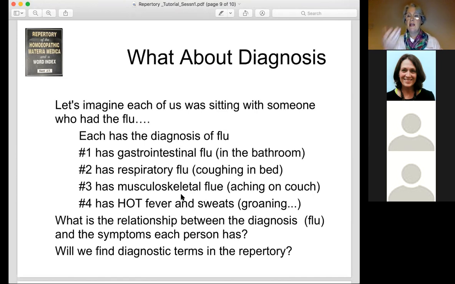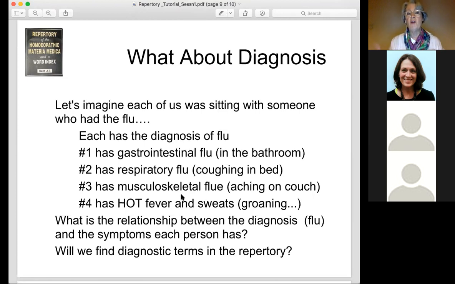And let's say that I'm sitting in the bathroom with somebody who has a gastrointestinal flu, and they're in that awkward position of not knowing whether to sit down or lean over because things are just coming out of both ends. And let's say that Kristen is sitting by somebody who's coughing in bed who has a respiratory flu.